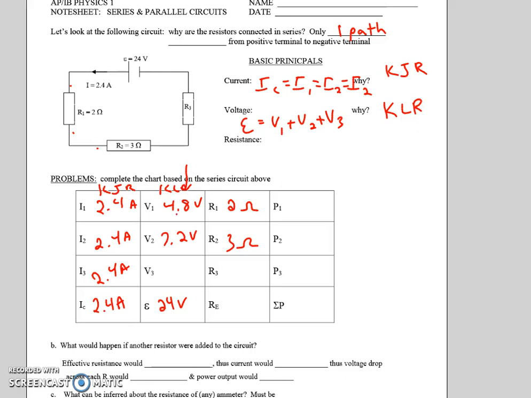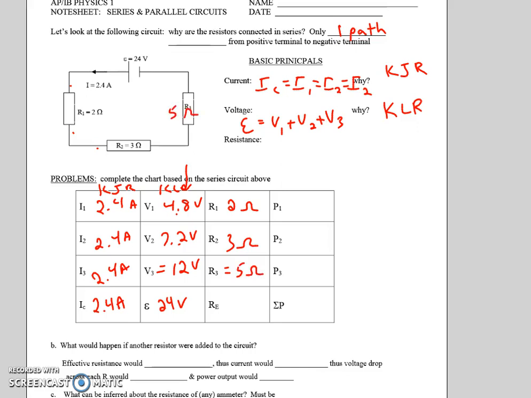So we know that this plus this has to add up to that. So V1 and V2 are 12, so V3 must be 12 volts because 12 plus 12 has to give us 24. Okay, so that's really nice. Now that we know that V3 is 12 volts and the current is 2.4 amps, we can divide the two and we can get R3, which is 5 ohms.